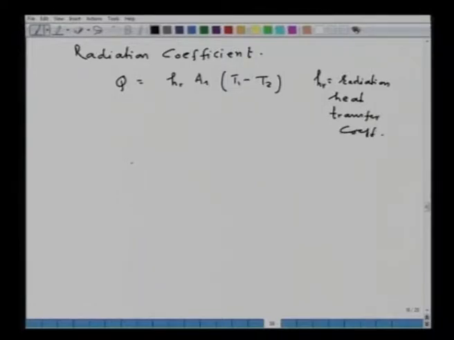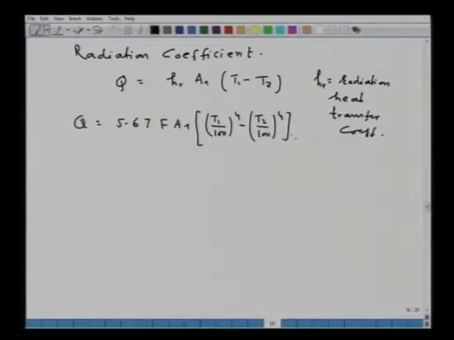So, now we can compare this equation. Q we already know, that is 5.67 F A1 into (T1 upon 100) to the power 4 minus (T2 upon 100) to the power 4. This equation we already know.